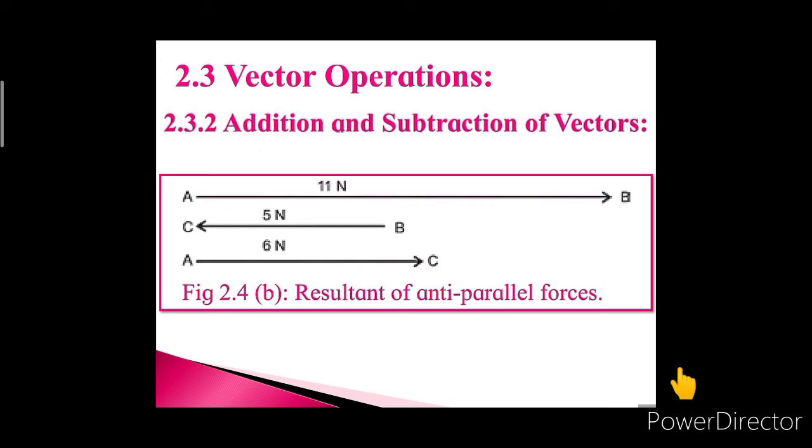So if the individual vectors are anti-parallel, that is, in opposite directions, the magnitude of their resultant is the difference of the individual magnitudes, and the direction is that of the larger vector.